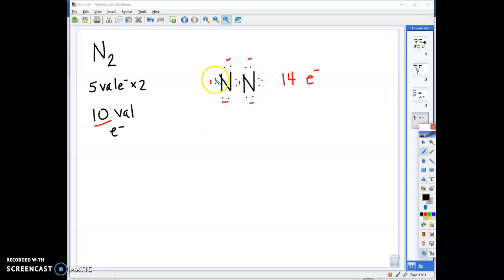So what I'm going to do is move a pair from each side to one pair in the middle. I'm essentially going to move this outside pair to the middle, but since they're going to be sharing it, it essentially just becomes one pair. So now my structure is going to look like this.